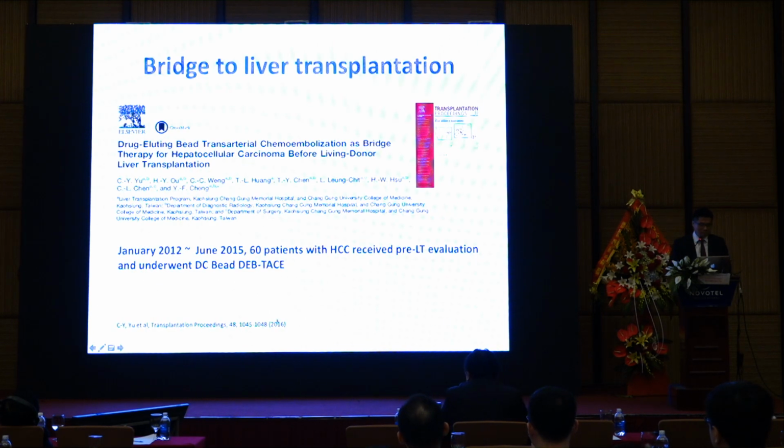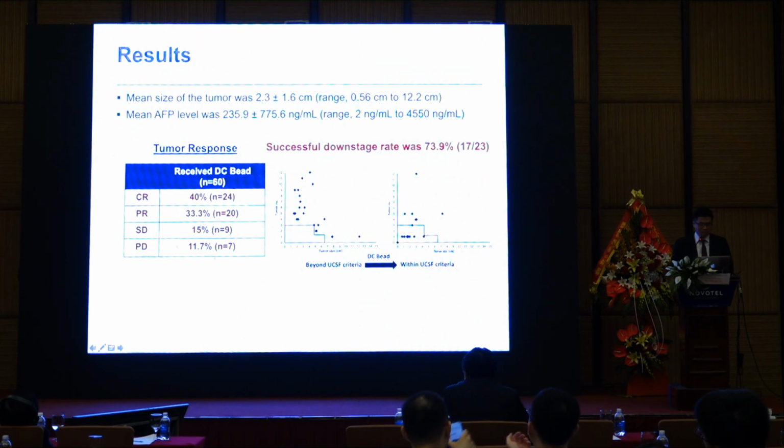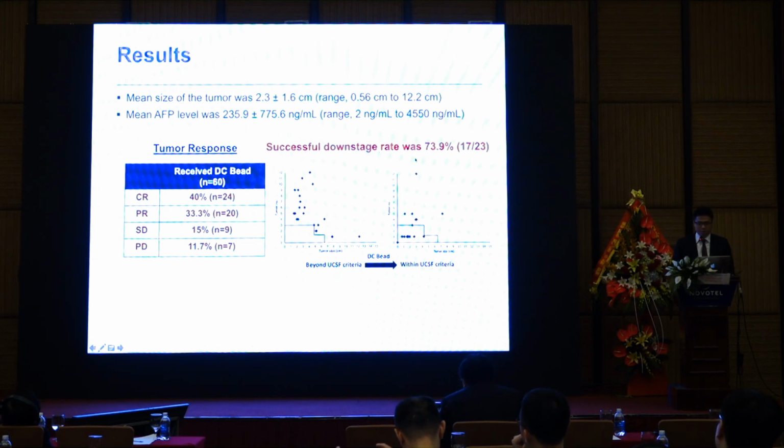They also analyzed the patients who underwent DEB-TACE when they were put into the transplantation waiting list. They found that if you use DEB-TACE, you can get a successful downstaging rate of nearly 70%, when the patient is initially beyond UCSF criteria and then downstaged to within UCSF criteria.